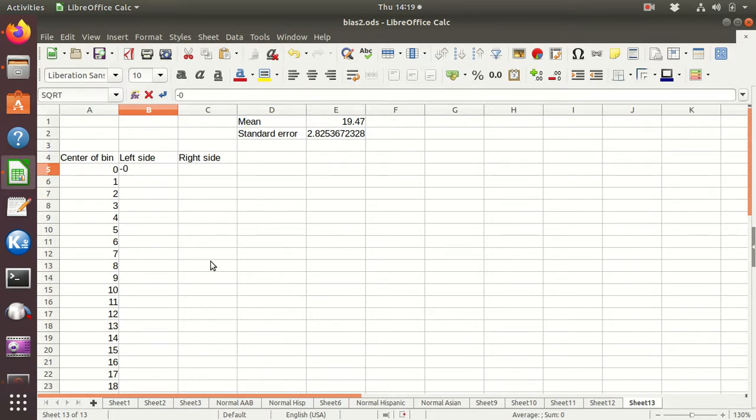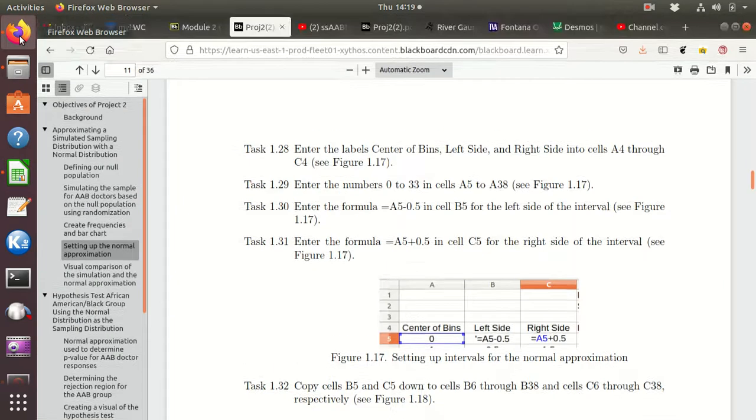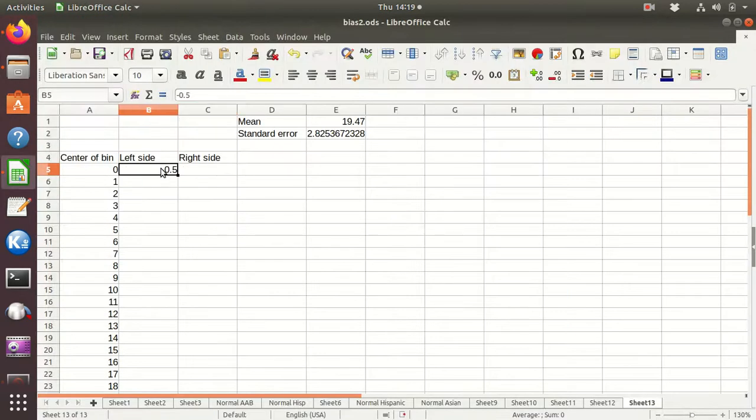minus 0.5, and the right side starts at, oh, and did I do that as a formula? I might have done that. Yeah, so I subtracted a half and added a half to the center. Okay, so that's what that formula is. So I actually did that as a formula.